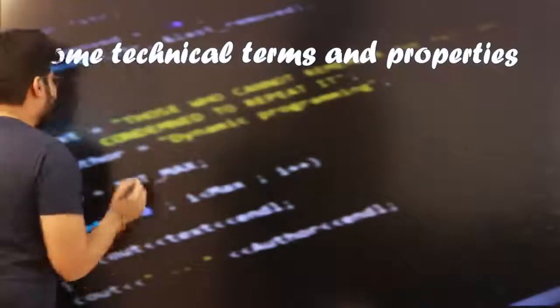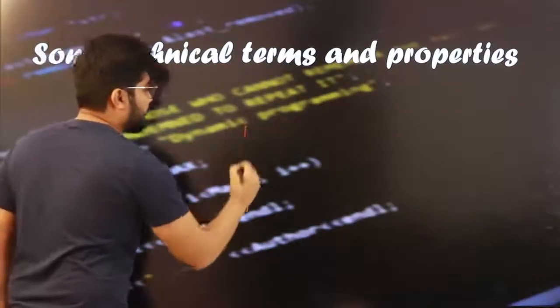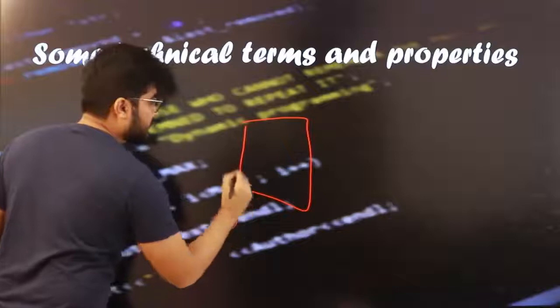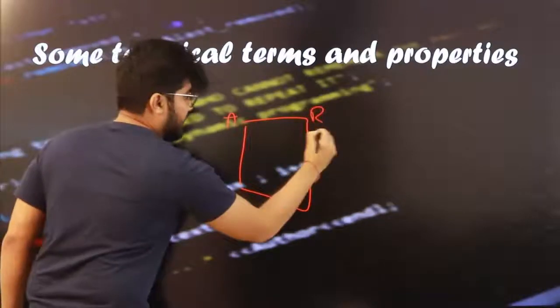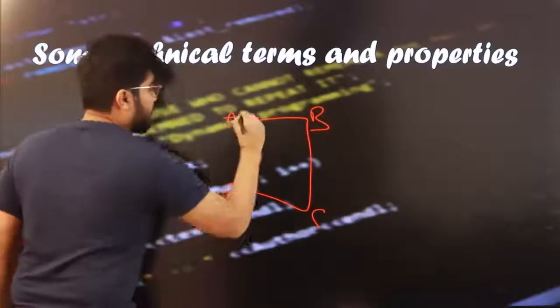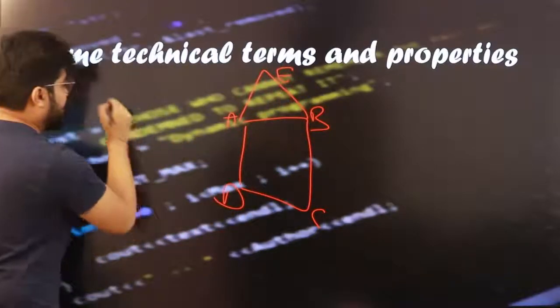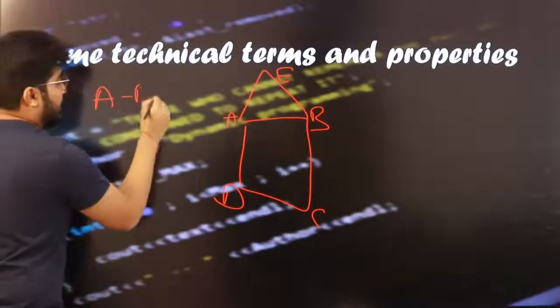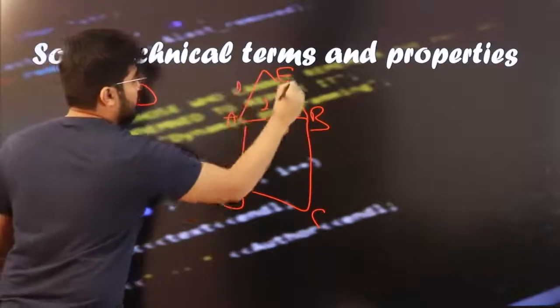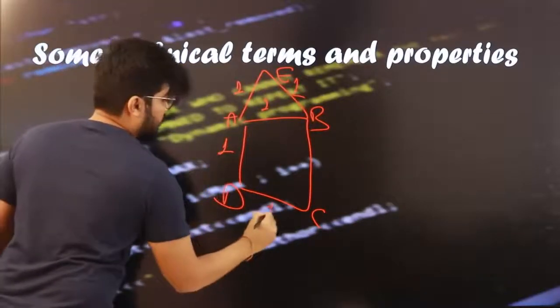If it's not visible, I'll write it again. So where were we? Yeah, we had a pentagon with A, B, C, D and E. Now I told you to find the largest path between A and D, and every edge has one weight.